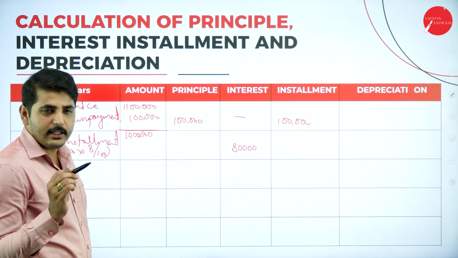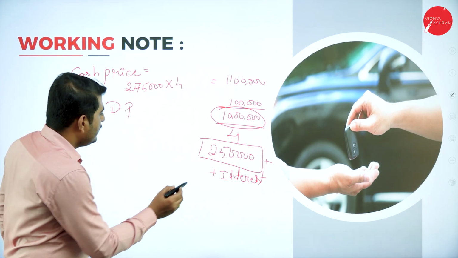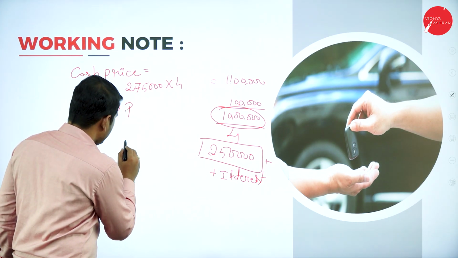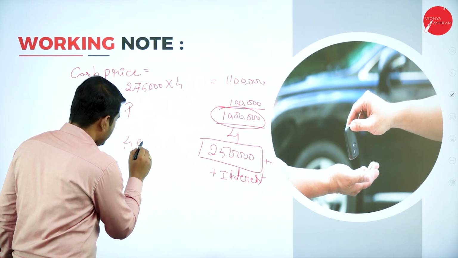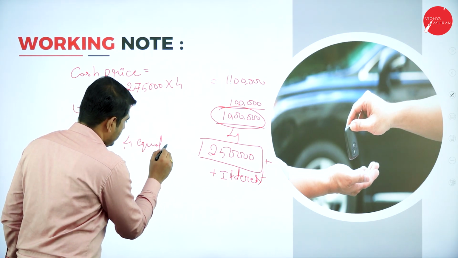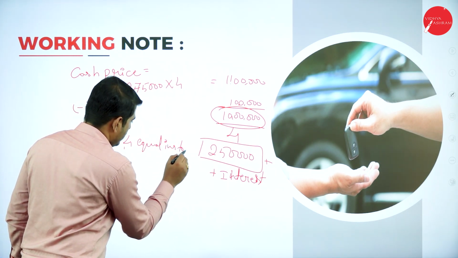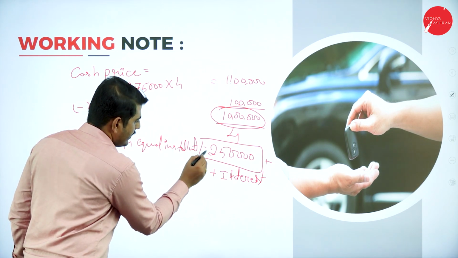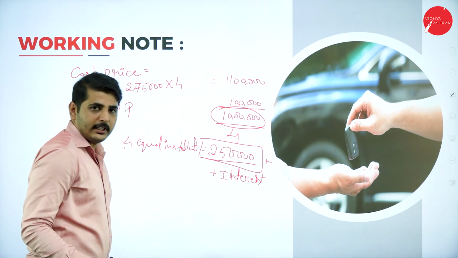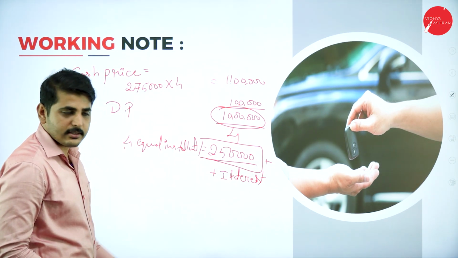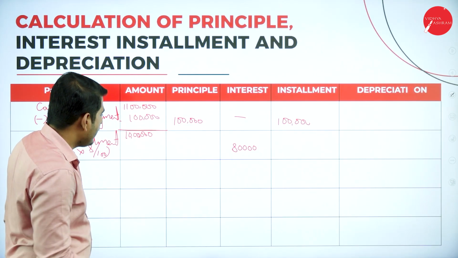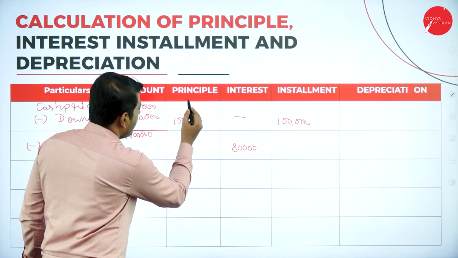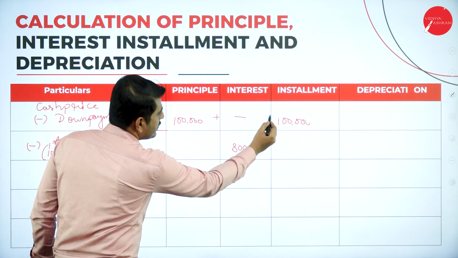What is the equal installment? Already we have calculated the equal installment. This is the installment. So 4 equal installments. 2,50,000 is the principal amount for 4 years. Okay, we have to add this now. Always principal plus interest equals installment.